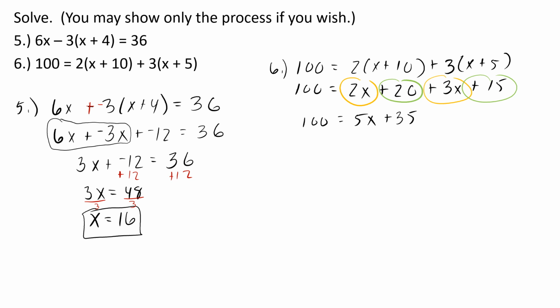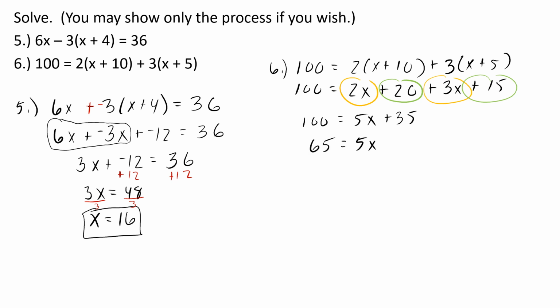Now we'll solve the equation. So I have that plus 35. I can undo that by adding a negative 35. If I add a negative 35 to the right-hand side, then negative 35 plus 35 is 0, and 5x plus 0 is 5x, leaving me with just the 5x. On the left-hand side, if I do 100 plus negative 35, I will get 65.